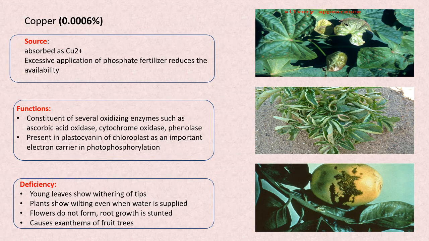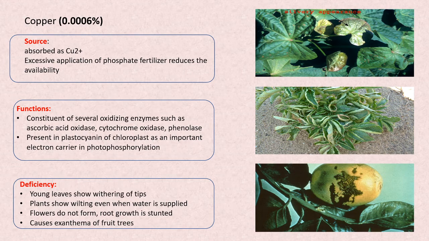These are a few functions of copper, and the deficiency symptoms are: young leaves show withering of tips, which leads to loss of leaves. Plants may wilt even when water is supplied. That is, even if water is supplied to the plant, they show wilting due to the deficiency of copper.